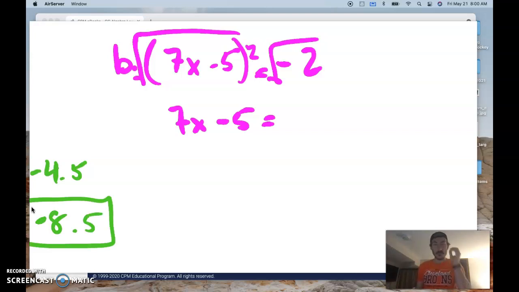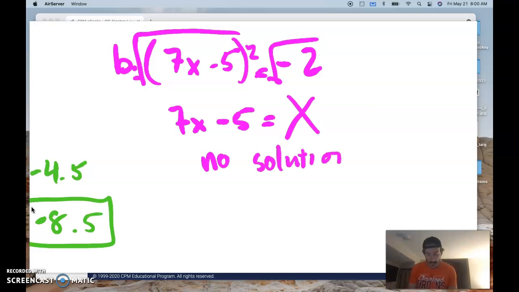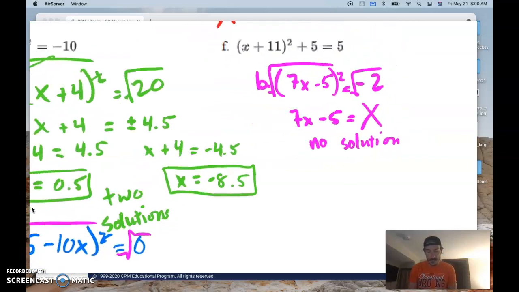Some of you guys may have heard of an imaginary number before, but what the heck's happened? We can't do that here. Not with our current level of understanding in our number system. So unfortunately, we've got to say this one's got no solution.